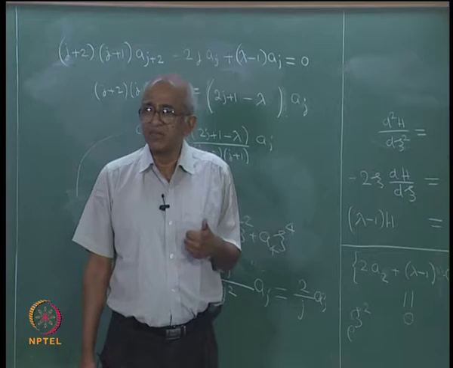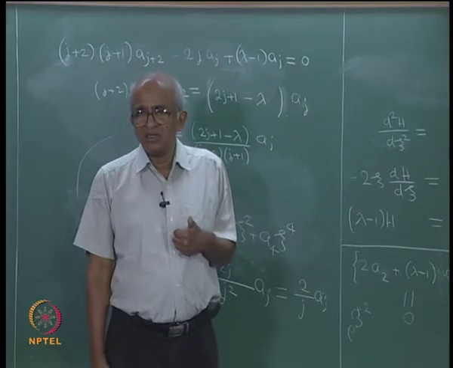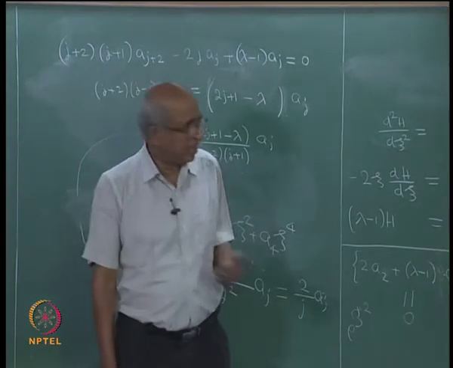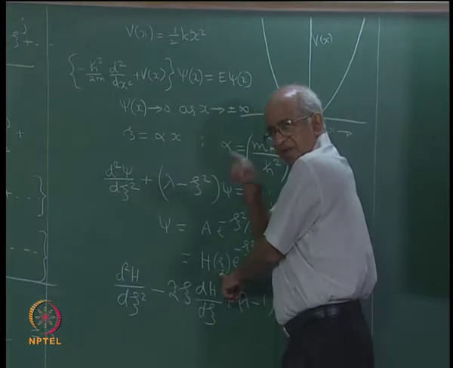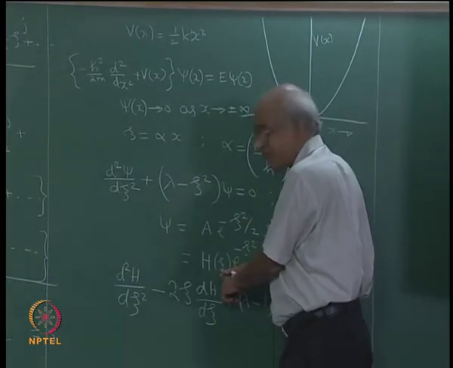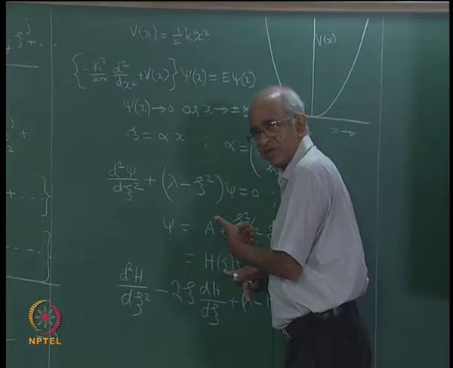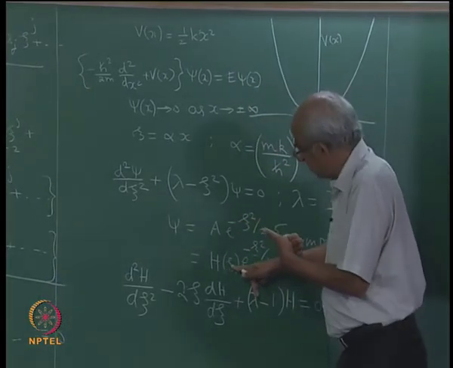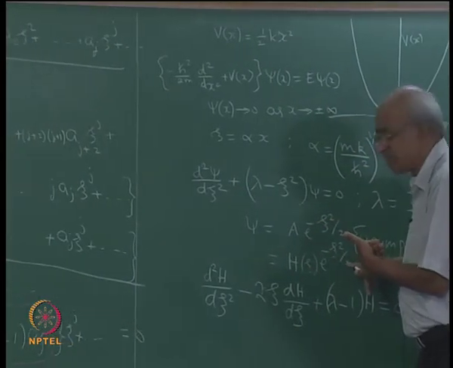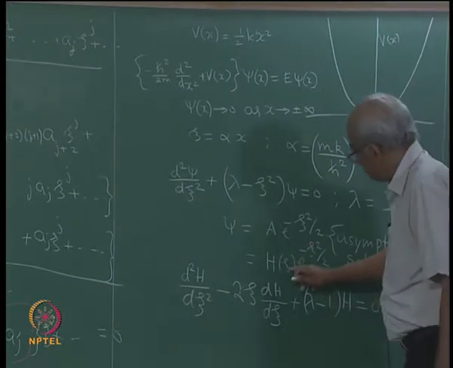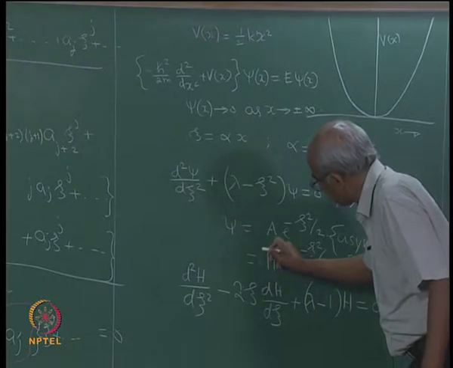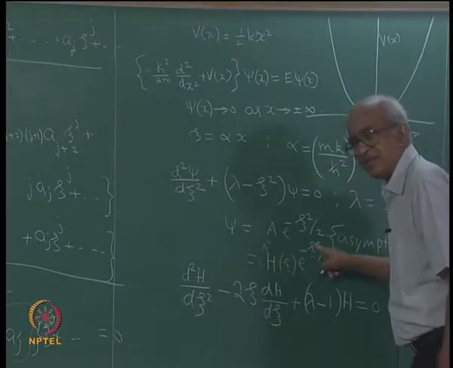Now, if it behaves like e to the power of plus C square, is it acceptable? Well, you look at h, you see h is here. I am now saying that if I had an infinite series, this is going to behave like e to the power of plus C square, and e to the power of plus C square into e to the power of minus C square by 2. The net result is going to be, see, one of them is e to the power of plus C square and the other one is only minus C square by 2.